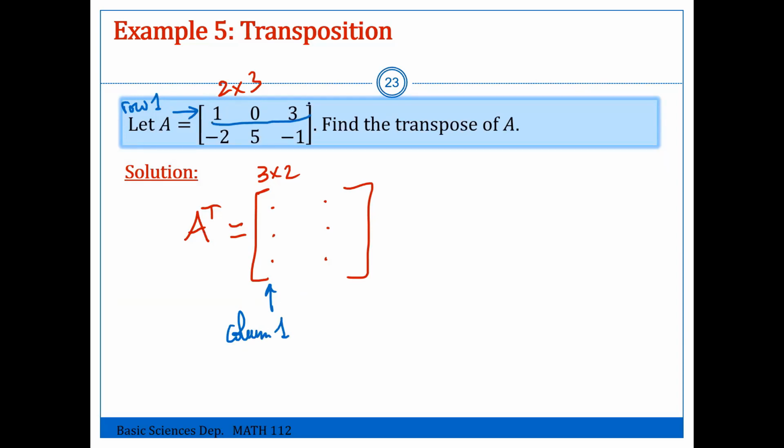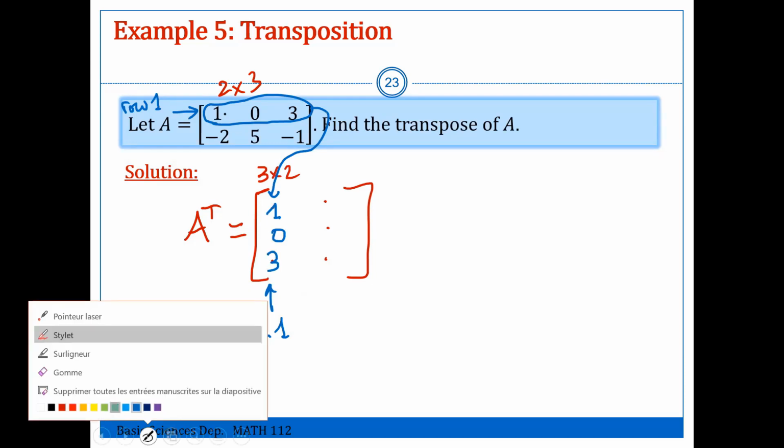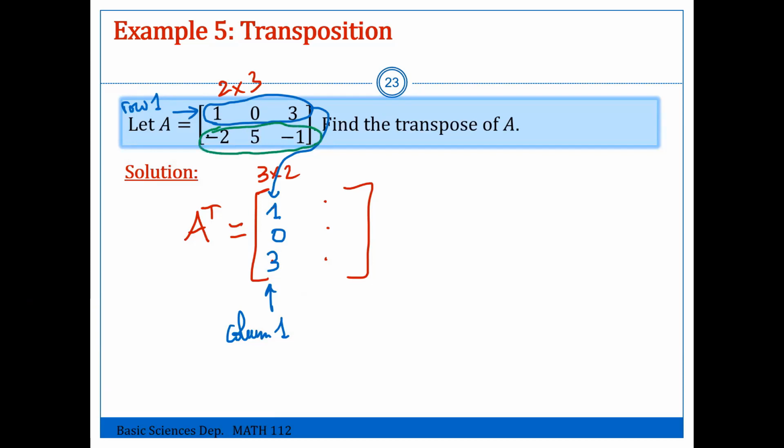So this is row 1, which was a row and becomes a column in the transpose: 1, 0, 3. Row 2, this is row 2 in A, becomes column 2 in the transpose: -2, 5, -1.